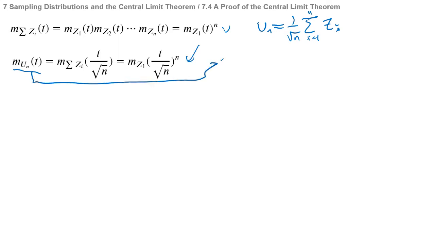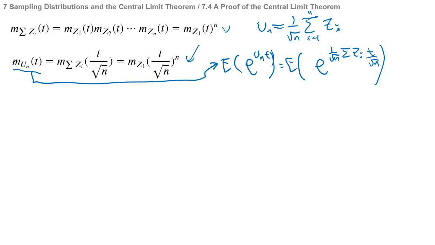This one is the expected value of e to the Un t, and actually this is e to the 1 over square root of n, sum of zi, t, and we can put 1 over square root n with t, so we can write it this way.